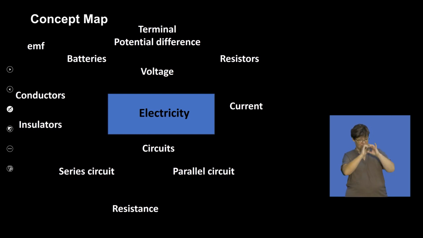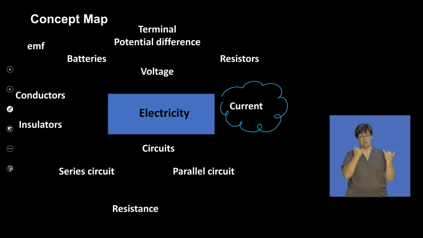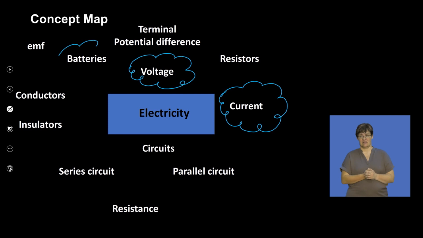So in as far as the big ideas that have got to do with electricity, what do we know now? We know a lot about current, how to measure current. We can also, by now, measure voltage, either of the battery, okay, which is in terms of the EMF, and the terminal potential difference.